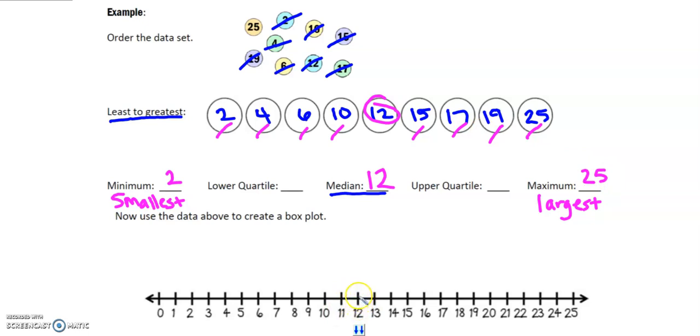Once you have those 3 sets of data, what you're going to do is find the lower quartile. To find the lower quartile, we're going to take the bottom half. So here's the bottom half. We go from the median down, not including the median. So we're just going to include 2, 4, 6, and 10. And we're going to find the middle of those numbers.